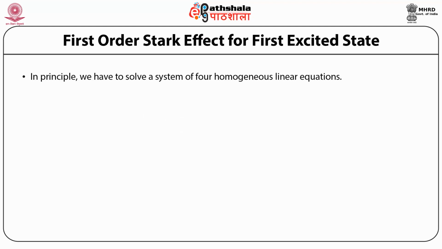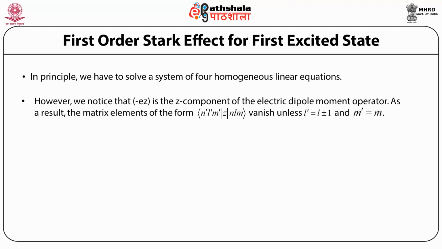In principle, we have to solve a system of 4 homogeneous linear equations. However, we notice that minus eEz is the z component of the electric dipole moment operator. As a result, the matrix element of the form n prime l prime m prime with z and nlm vanishes unless l prime equals l plus or minus 1 and m prime equals m.